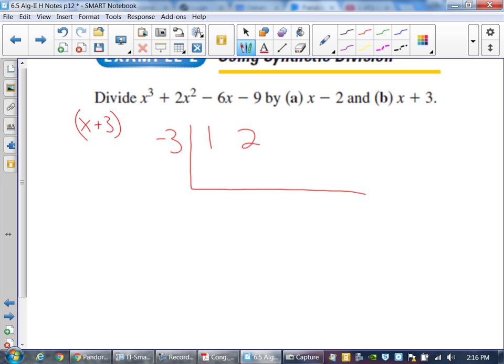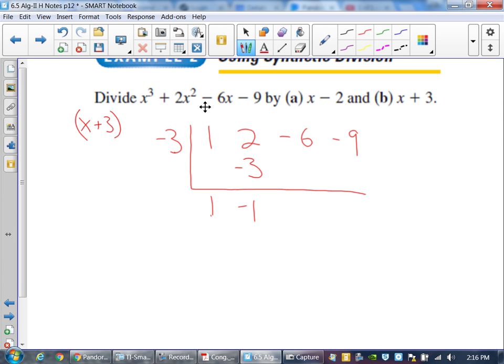1, negative 2, negative 6, negative 9. First step, always rewrite the first coefficient. 1. Multiply on the bottom, so negative 3 times 1 is? Negative 2 plus negative 3 is?